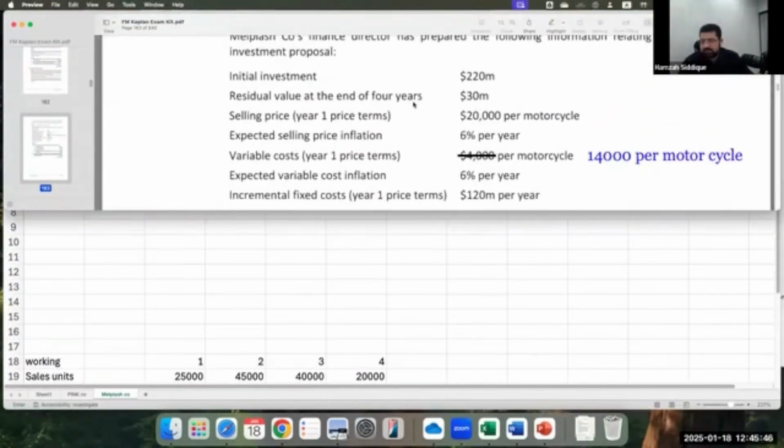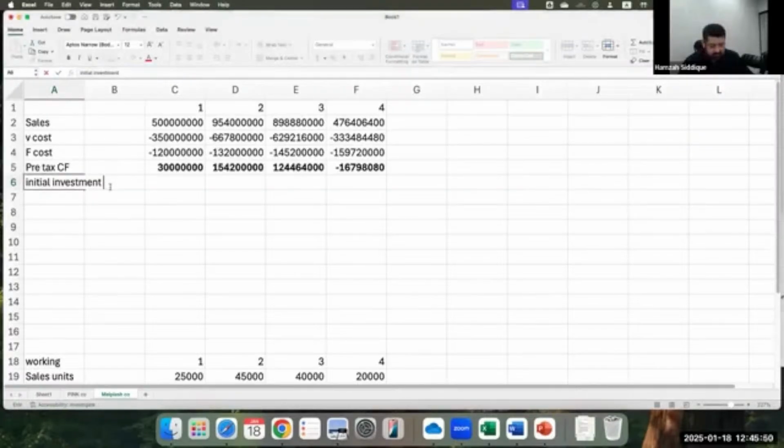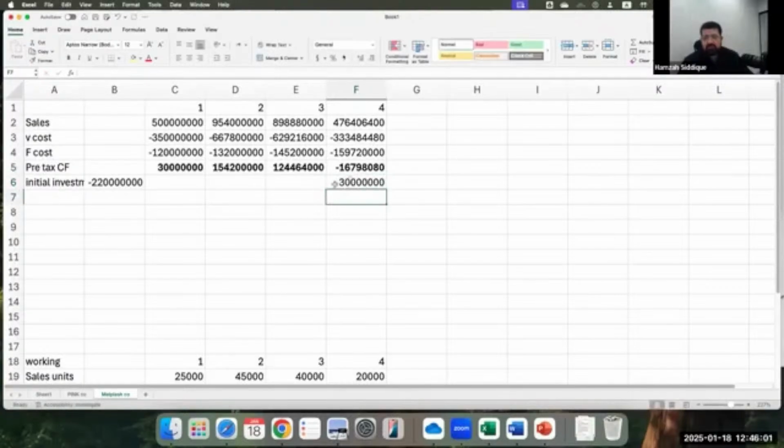So the initial cost is 220 million, and 30 million residual value. The investment will have this residual value. Anything else? Nothing.